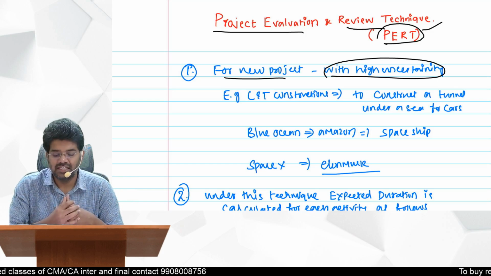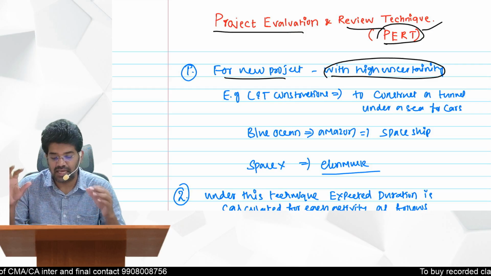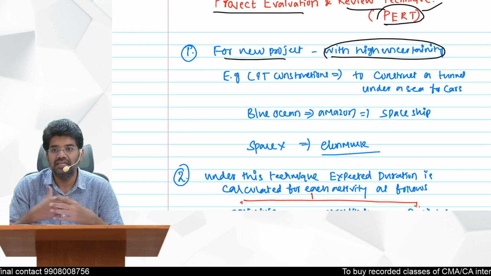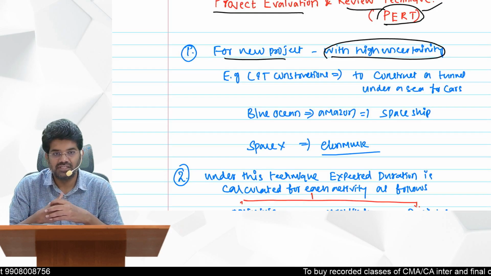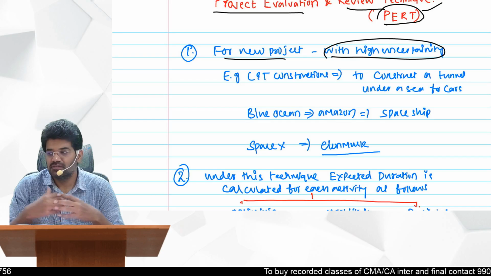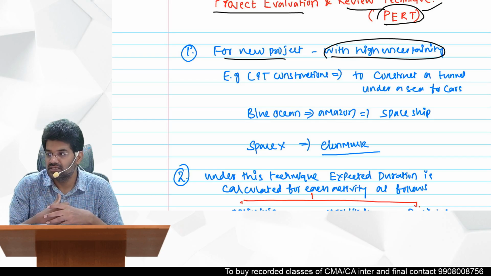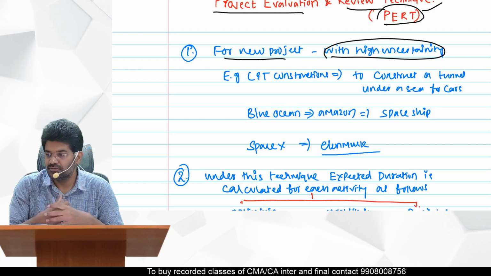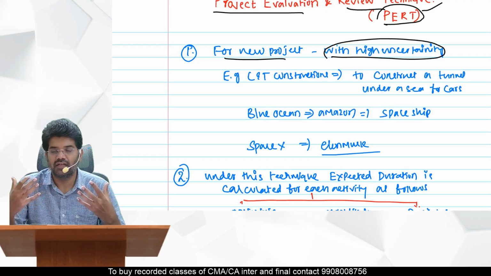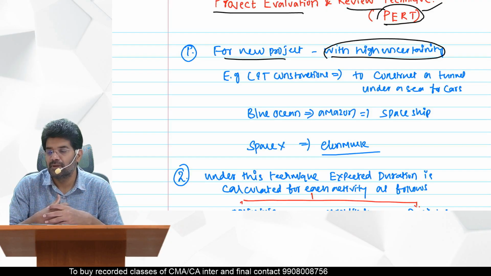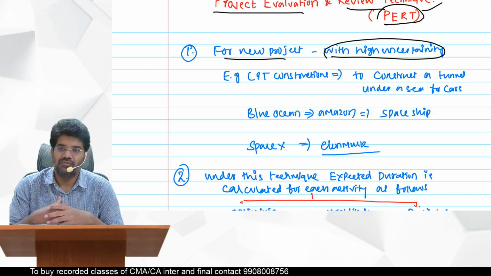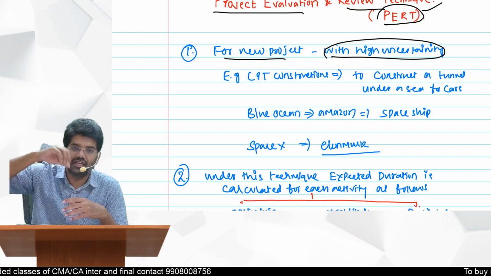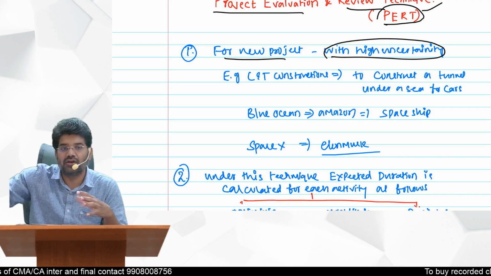So that is the reason what we do in this type of projects is, we estimate the duration of the activities first, then based on that we calculate the project duration. And then we will compare whether that estimated project duration is in line with our target date or not.